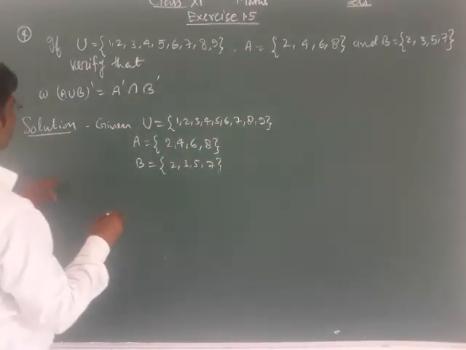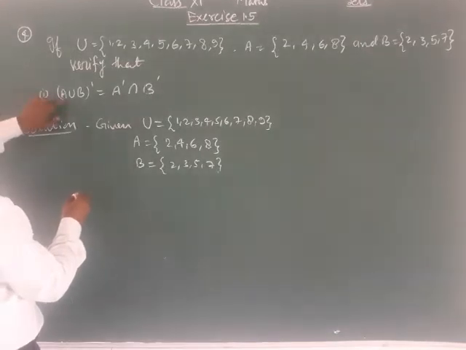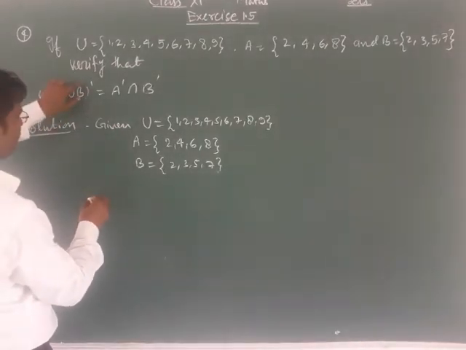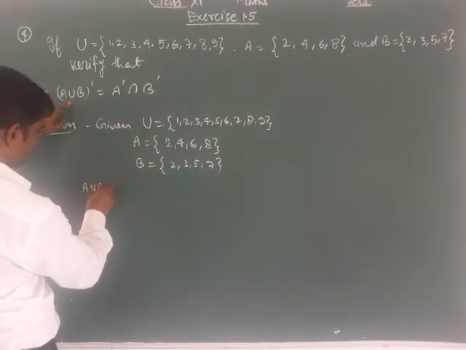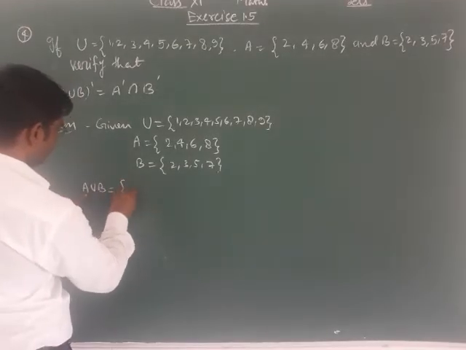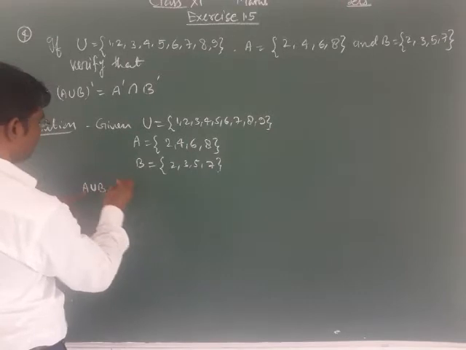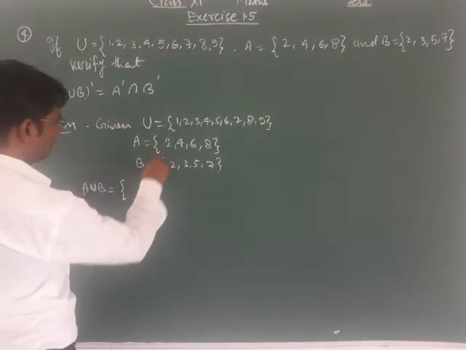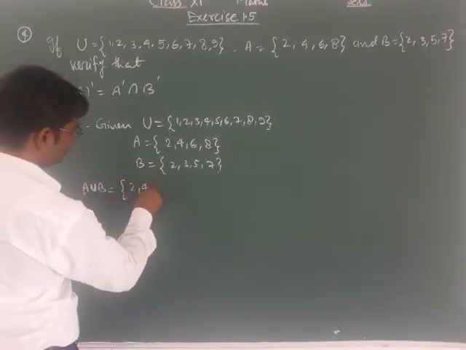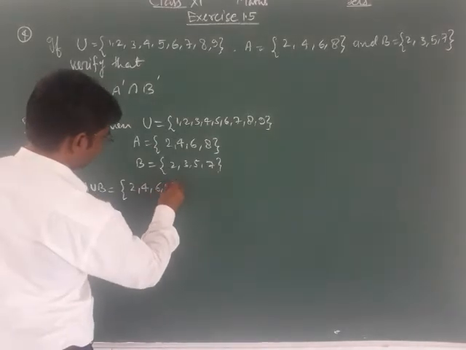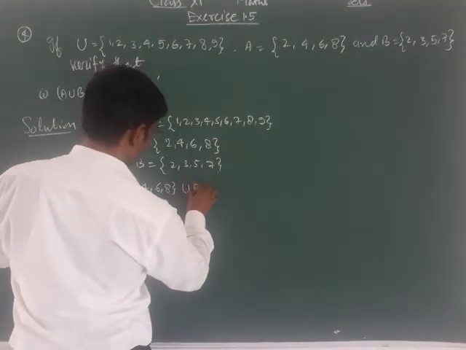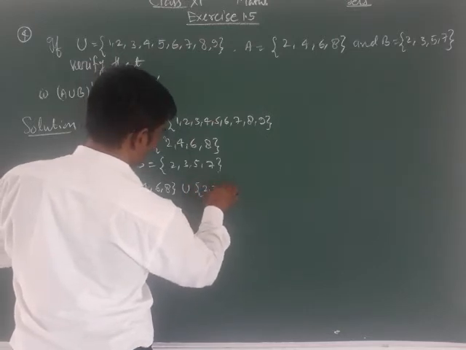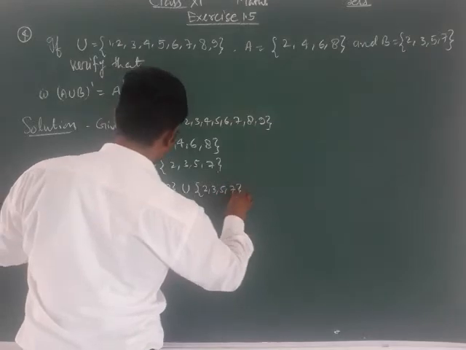Now, first we find A union B. A union B is A, elements 2, 4, 6, 8, union B, elements 2, 3, 5, 7.